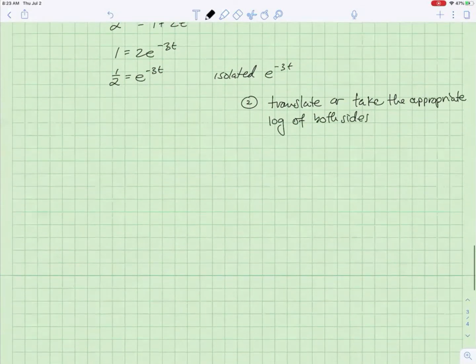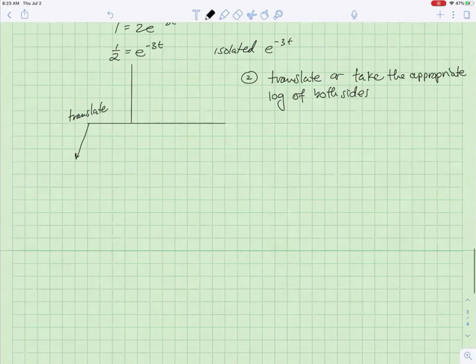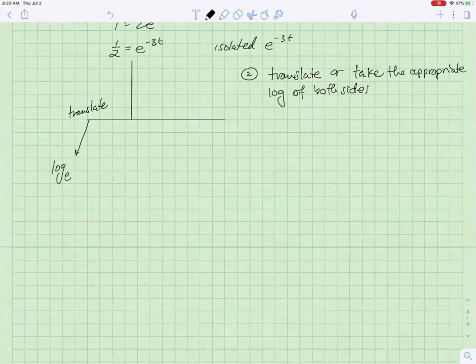If you are uncomfortable with your basic translation, we're just going to take the natural log of both sides here, just to give you guys some flavor. Here, if we translate, this is the power that turns e into 1/2, which is negative 3t, or the natural log of 1/2 is equal to negative 3t.